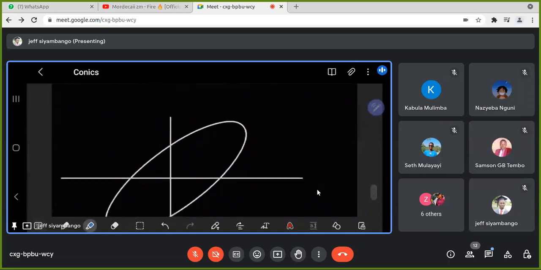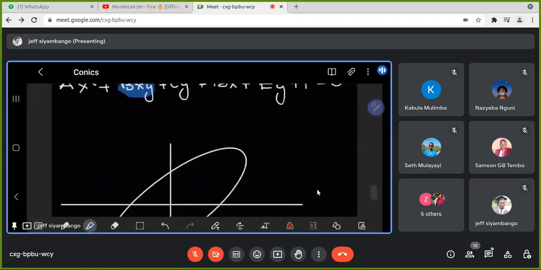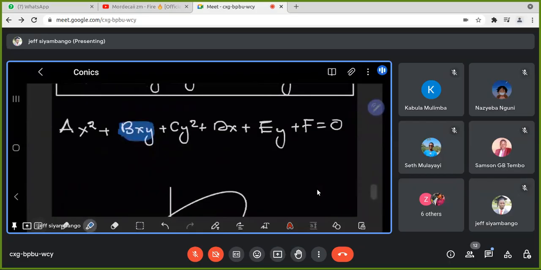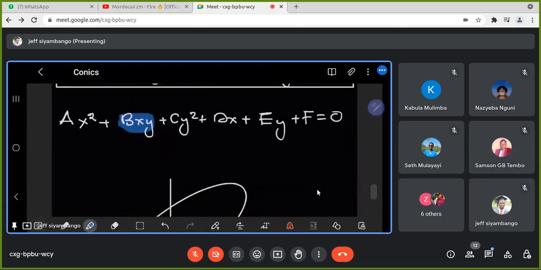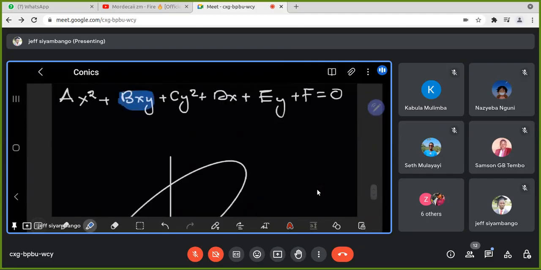The same happens with the hyperbola and the parabola: when they are rotated a little bit about some common point, the cross product is going to be present.